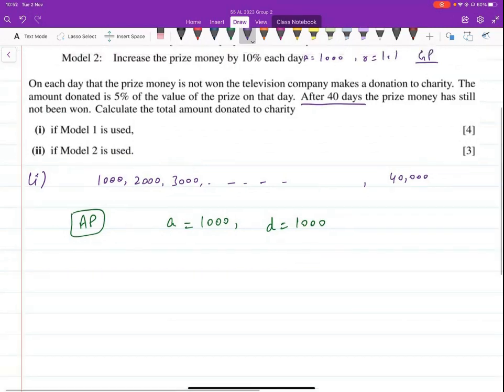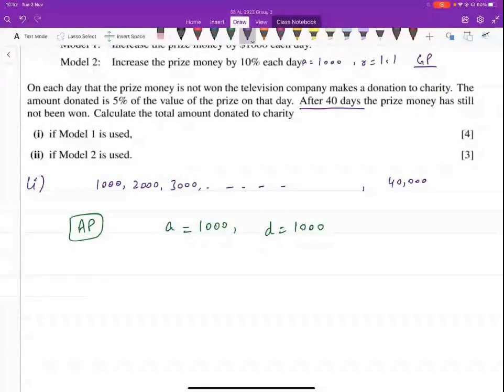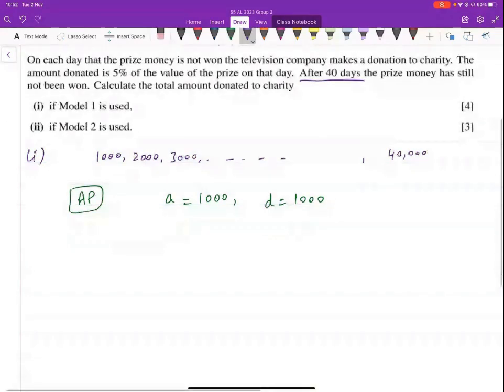What we can do is we can find the sum of the prize money for all of these 40 days, and then we can calculate 5% of that, right? That will be the same. Does that make sense? So we can either calculate 5% for every single day separately, or unko sum kar le, or we can sum everything first, and then we can calculate 5% of the total. Right, so this is quicker because we already have a sequence there.